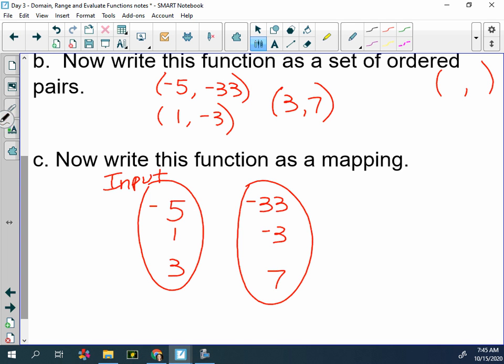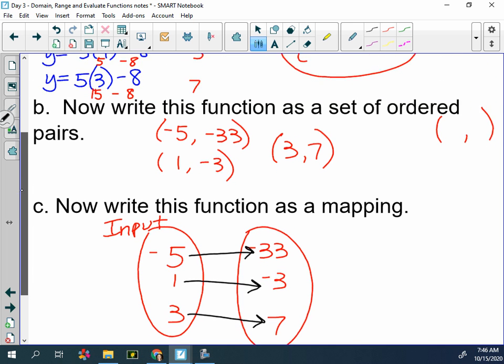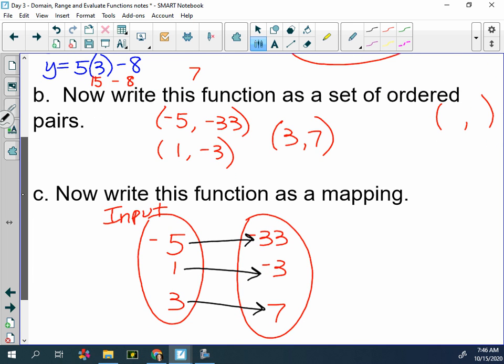Since they were in order, smallest to biggest, our arrows end up not crossing through each other. So again, a function: one input, one output. Really, that whole problem is showing the same exact thing three different ways. Anyone have any questions or need to clear anything up?